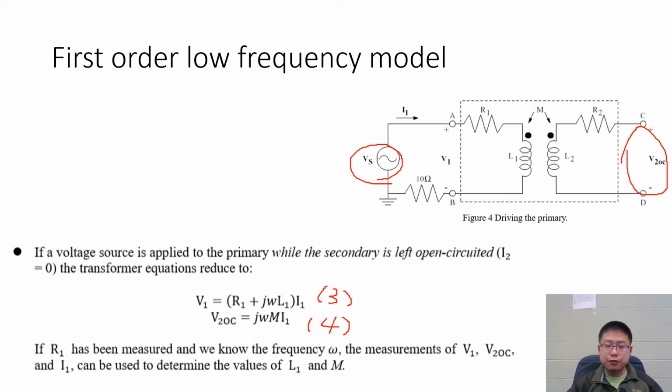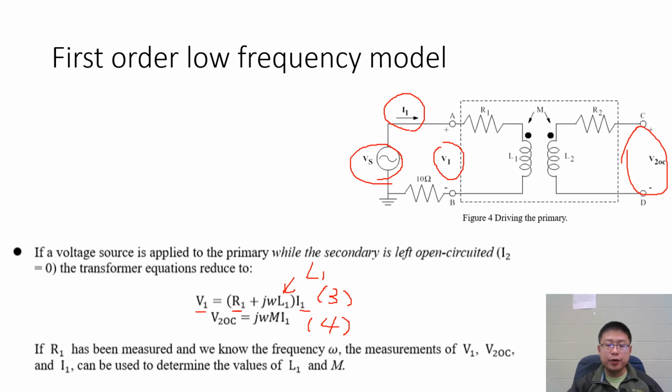In equation 3, we know R1. We measured R1. And also we can measure V1 and I1. Omega is our frequency. So in equation 3, there is only L1 unknown. So we can calculate L1 from equation 3.